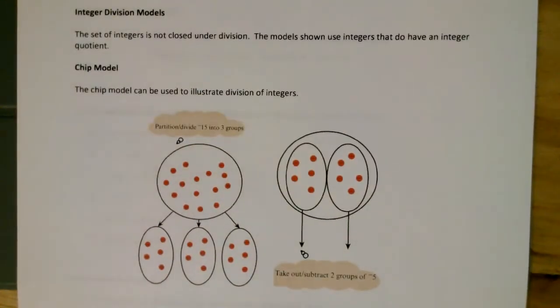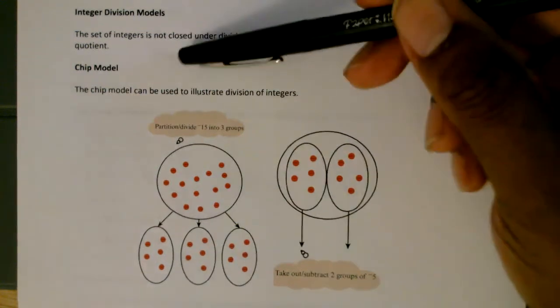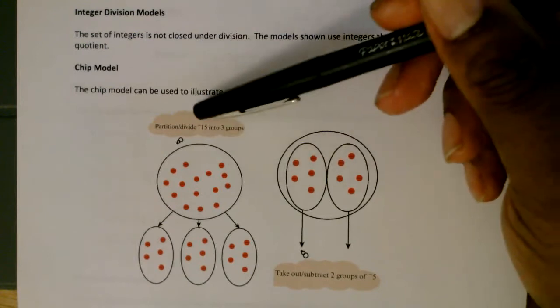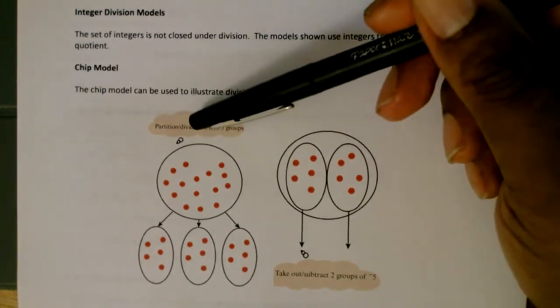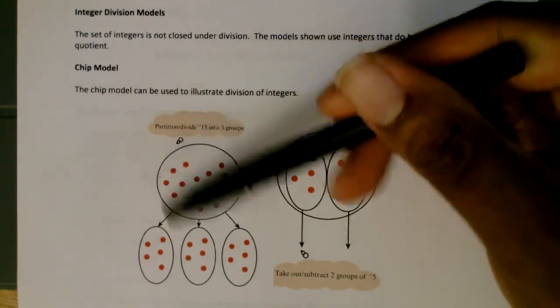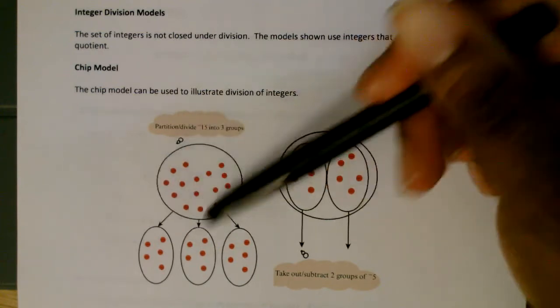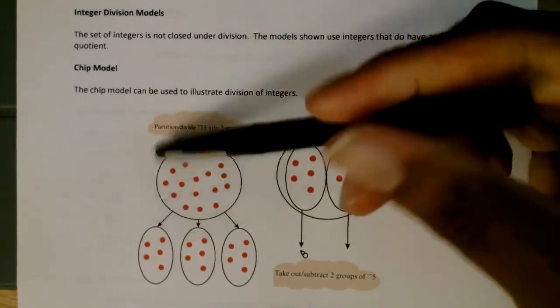All right, now let's talk about division of integers. And let's look at some models here for division of integers. The set of integers is not closed under division. And the models shown use integers that do have integer quotients. So if I use a chip model, here I can partition or divide -15, which is represented by this, into 3 groups.